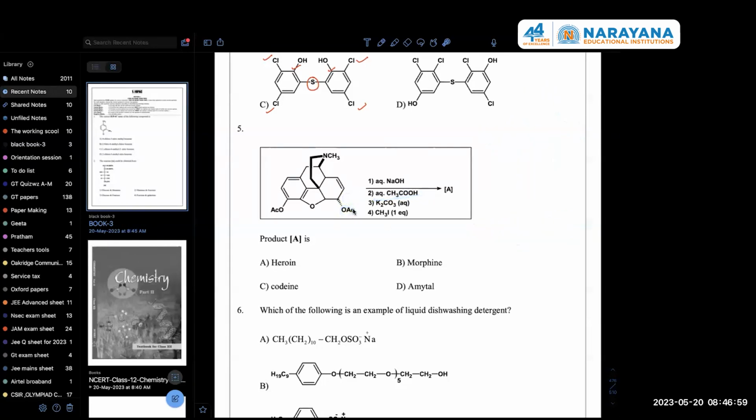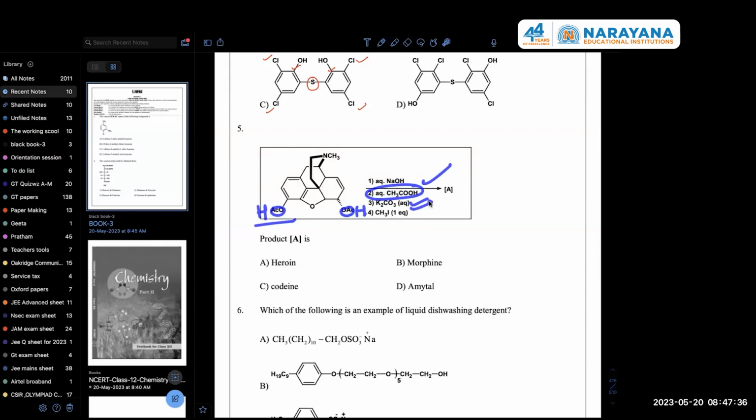If I get OH by acid, can I now do esterification, acid with alcohol? No, this is aqueous acid. In esterification we always use concentrated acidic conditions. Whenever they give aqueous acetic acid and you have any alcohol group, don't go for esterification. This is simply an acidic workup. O minus becomes OH by aqueous acetic acid. Now both become OH, OH.